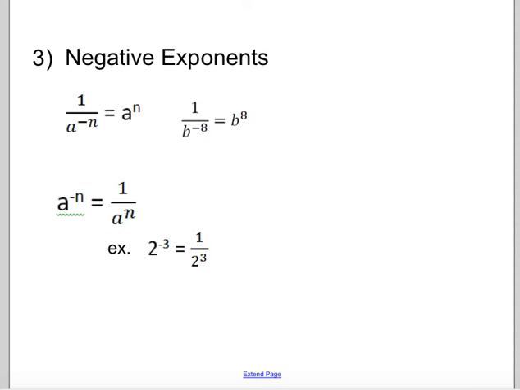So the example there is 2 to the negative 3. It's equal to 1 over 2 to the third. And then, of course, we can even simplify that even farther. So 2 to the third is 2 times 2 times 2, which is 8. So it becomes 1/8.